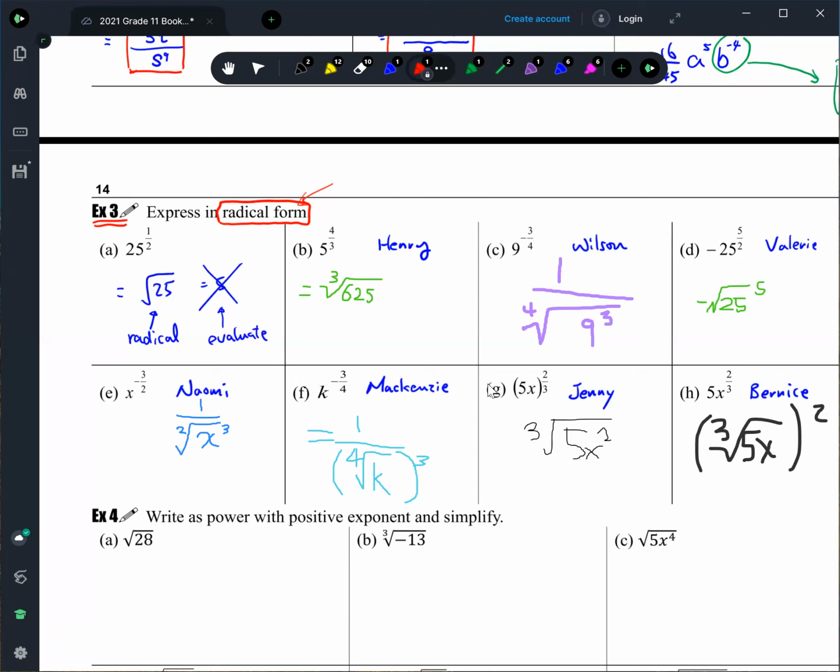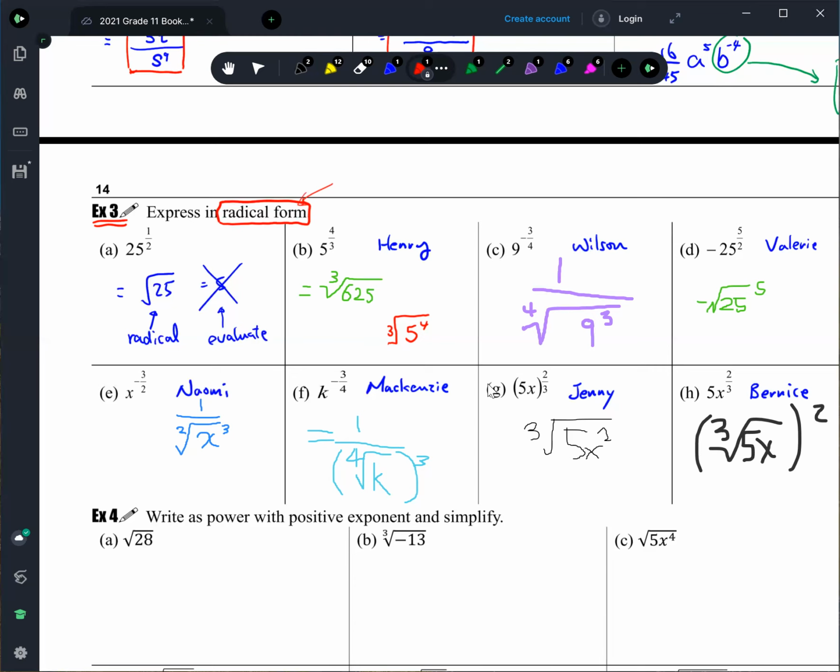If they say radical form in the homework, you just leave your answer this way: cube root of 5 to the 4. That's all, okay? You don't need to find the answer for 5 to the 4. Okay, Henry? Okay. So unless they say evaluate, then you do more steps.